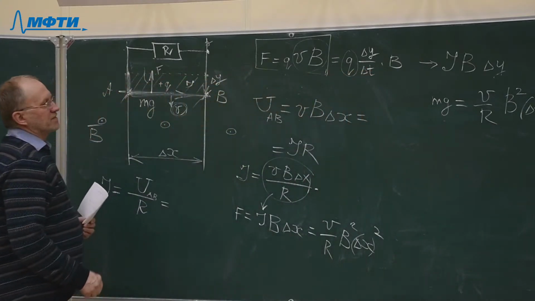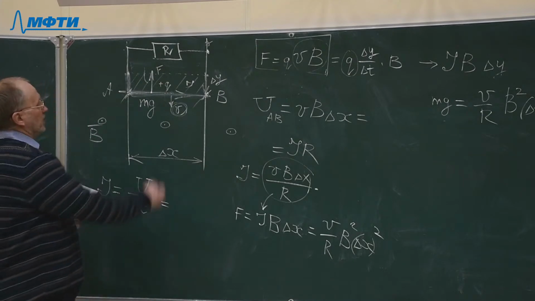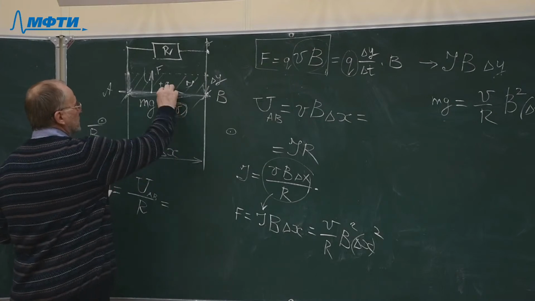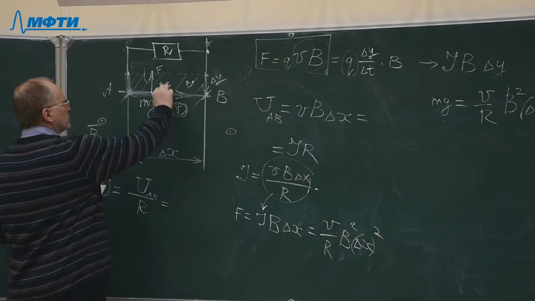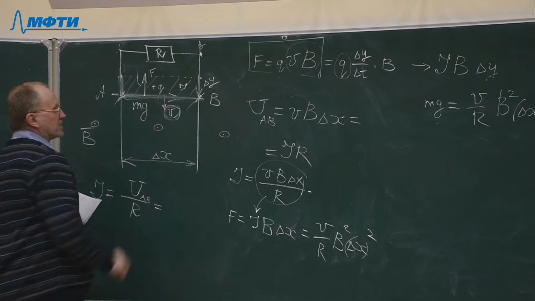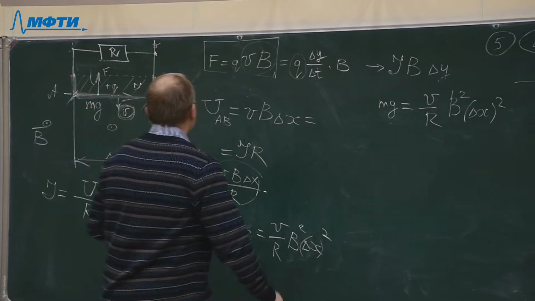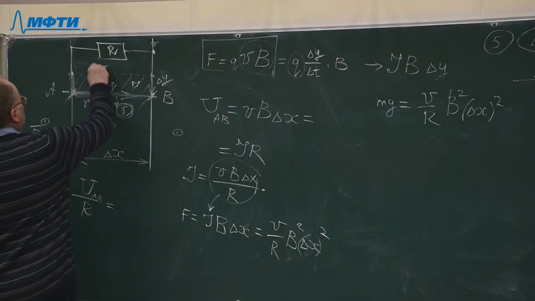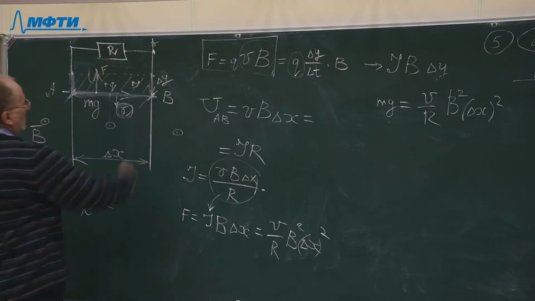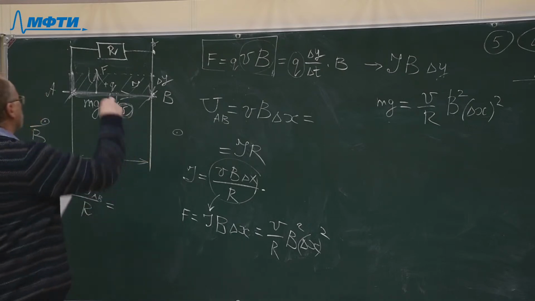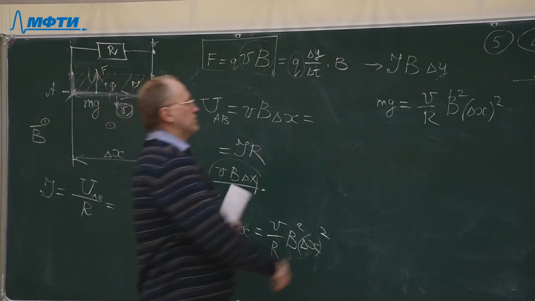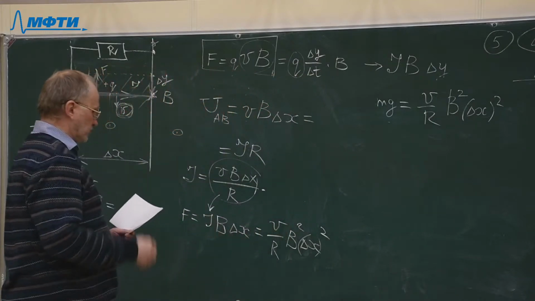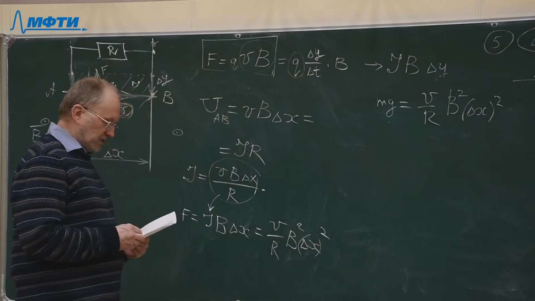Static equilibrium means that there is no acceleration, but there may be a constant velocity. In this particular case, the velocity of falling down of this rod is constant, and therefore acceleration is 0. And therefore, the force of gravity directed downward should be equal to the ampere force acting from the magnetic field on this current. So the equality of these two forces ensures that the velocity is constant.